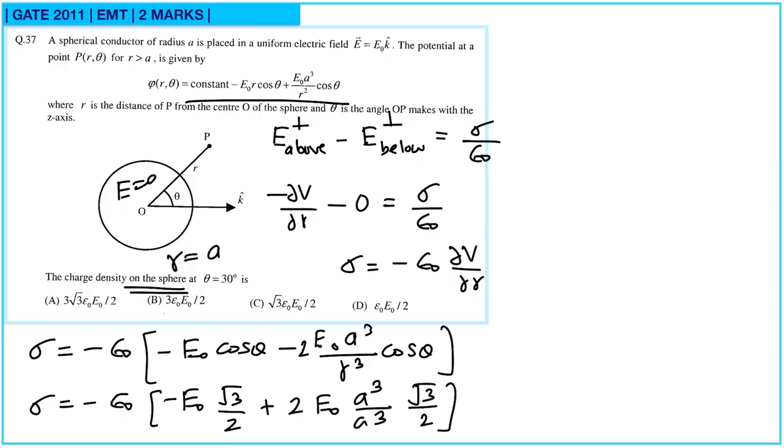So this A cube and A cube will cancel and then we'll get sigma is equal to this minus into plus sign. So this will be epsilon naught E naught into root 3 by 2 plus epsilon naught E naught into root 3 by 2, where the 2 also cancels out.